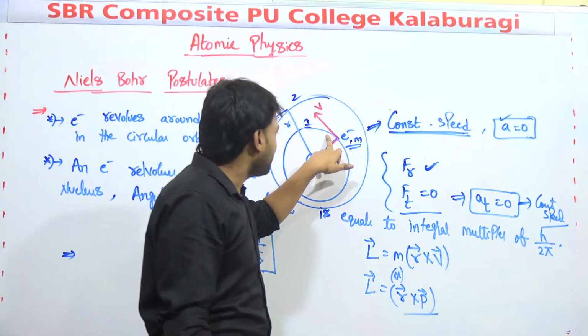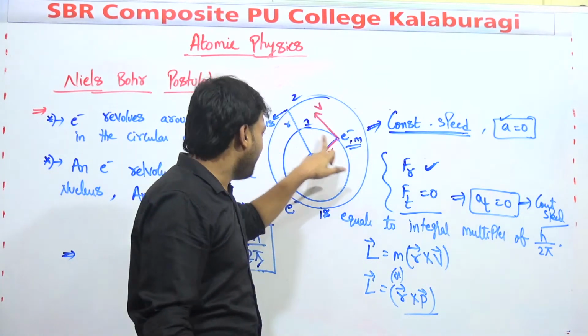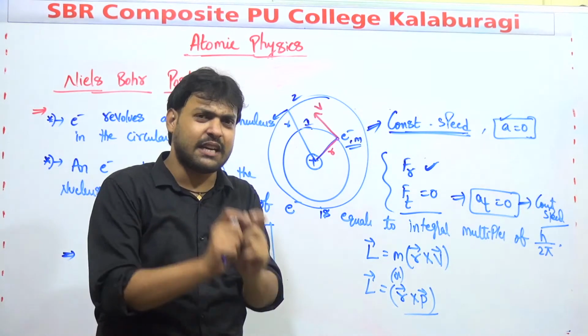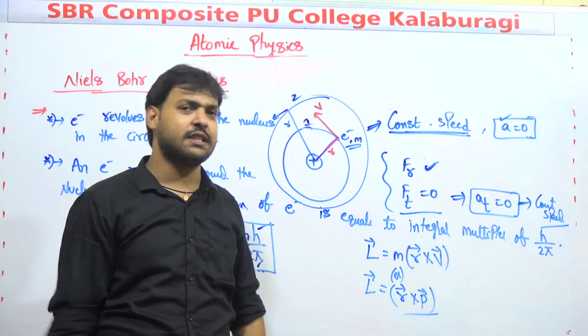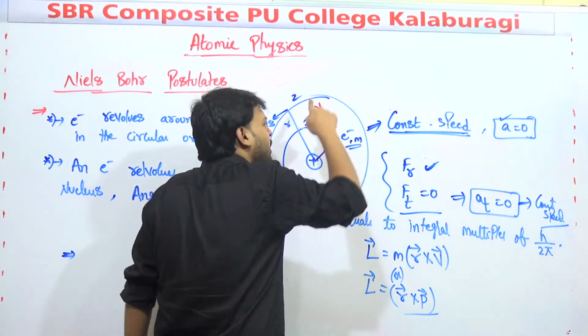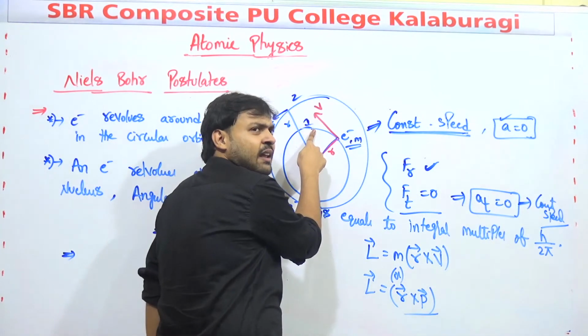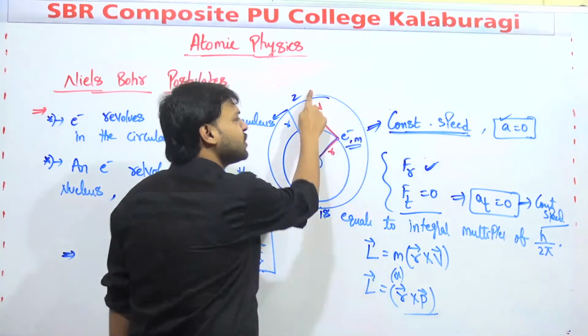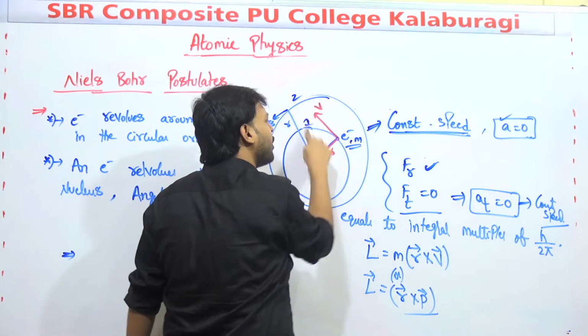So the electron won't revolve in the other orbits. It will revolve only in fixed orbits. Try to understand this point. Very good. So the electron with constant speed is revolving. If the electron leaves one, then definitely it will revolve in two only. And if it leaves two, either it will go to 3 or it will go to 1.